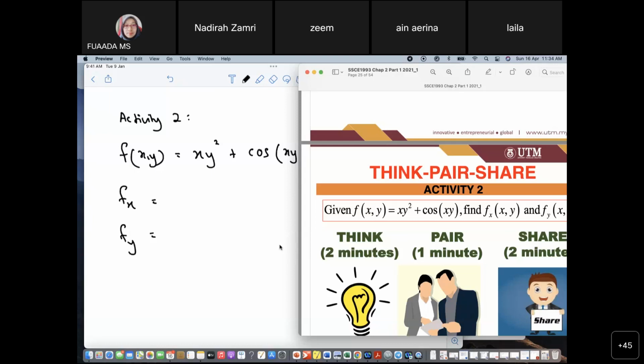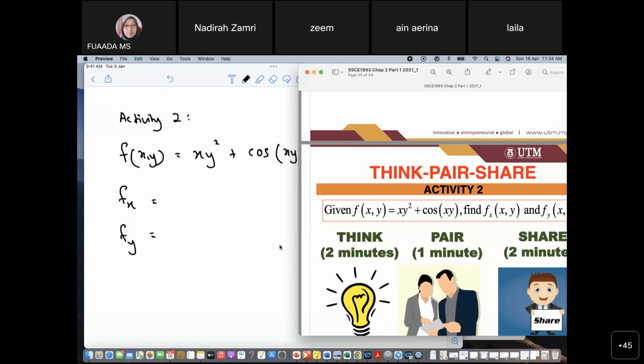Daniel. Ada nama Daniel ke dalam? Okay, Muhammad Daniel Fitri ada. Dah siap? Mungkin mic dia rosak kot.